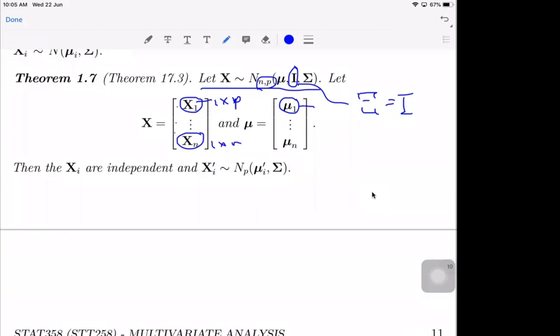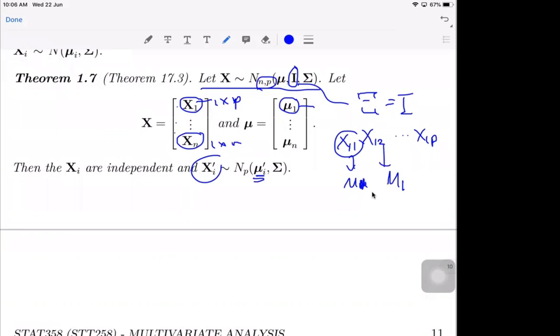Ibig sabihin, kada isa sa x11, x12 to x1p has its corresponding mu's. So mu prime I ang x prime. Okay? Kada isa sa ilaha na ay iyahang kaugalingong mean which is mu1. So constant mean siya pero mu1, no?